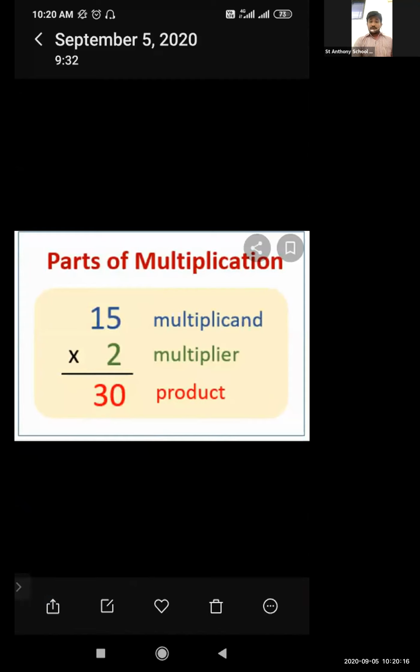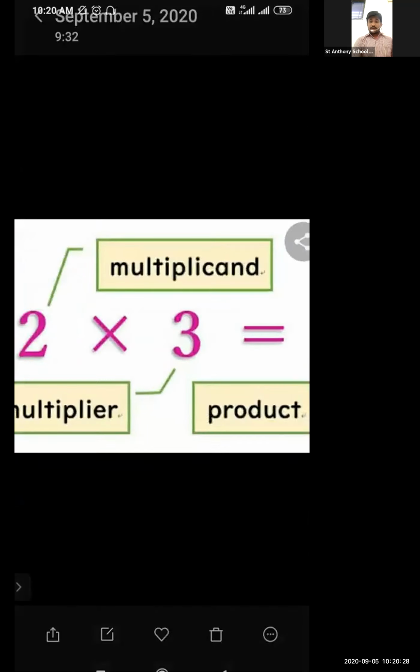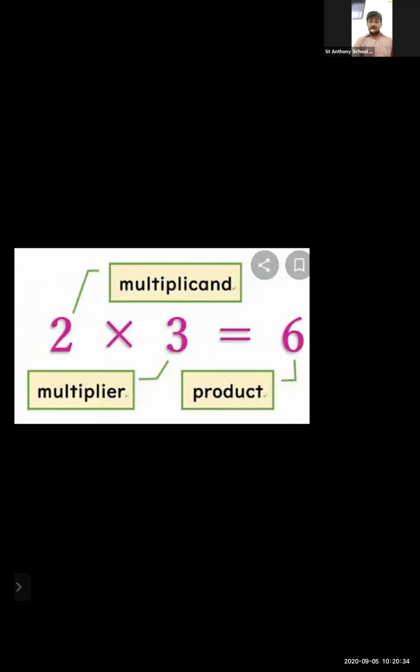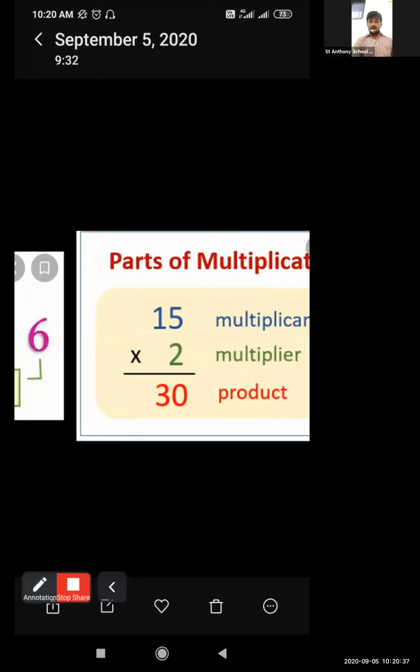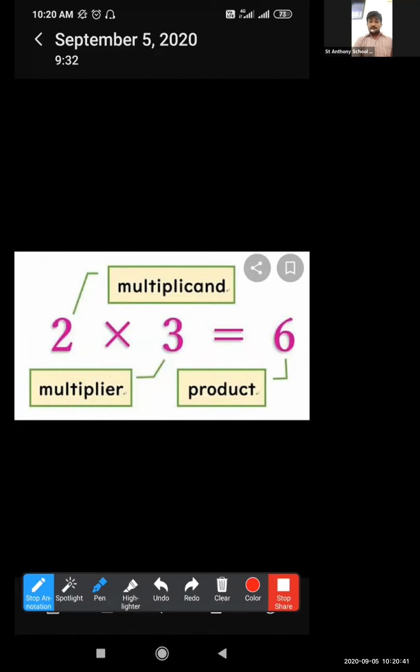Okay, one more. This is the horizontal arrangement. See, this is vertical arrangement, and as I showed you here, this is horizontal arrangement. Get it? Now, as I said, the first number is called multiplicand, the number below is called multiplier, and the answer we get is called product.